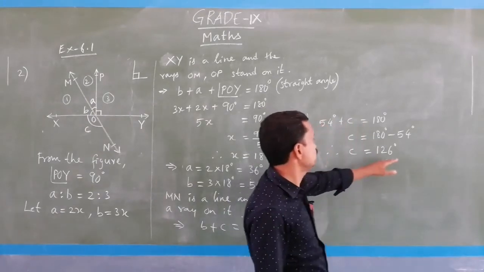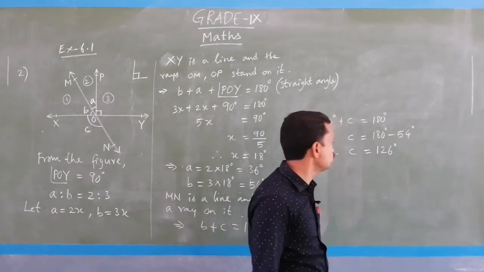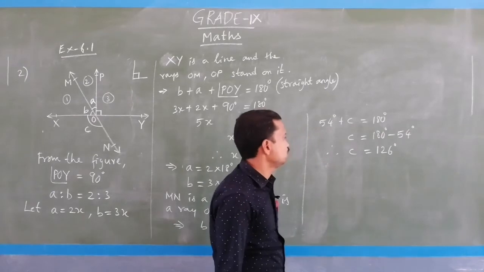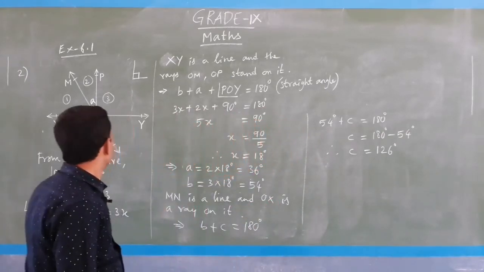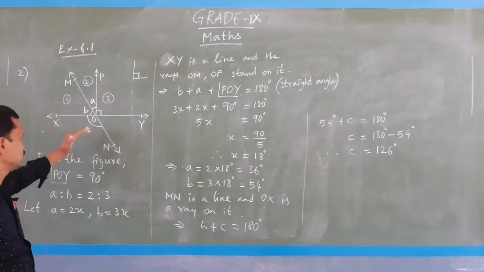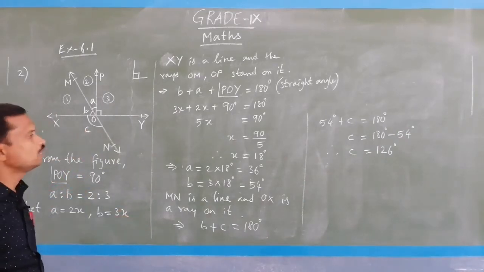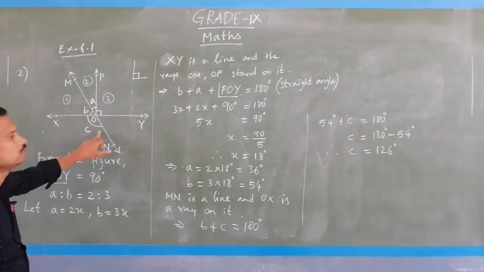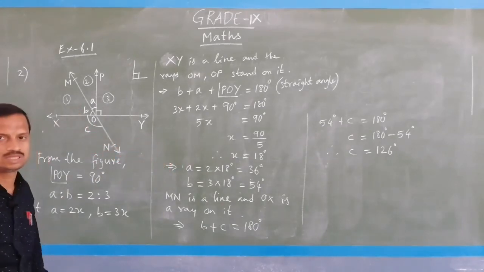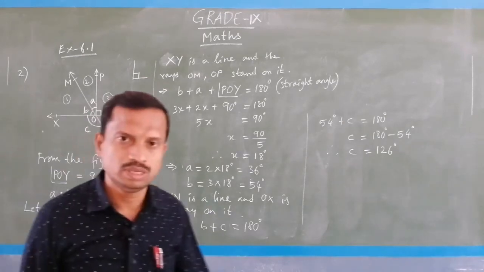So, if you add, you get 180. So, first our aim was to find A and B, and then with the help of that B, we can find angle C. Clear? So, we move to the next question.